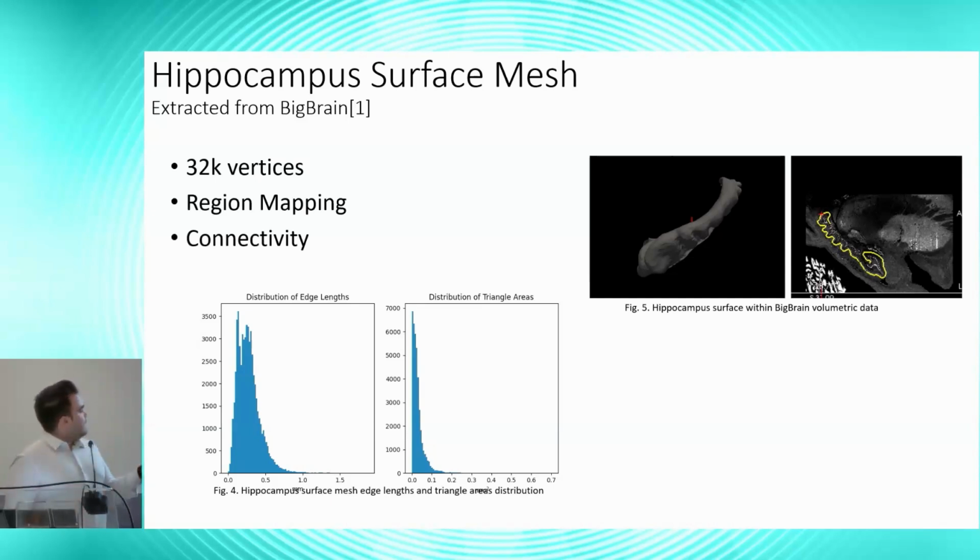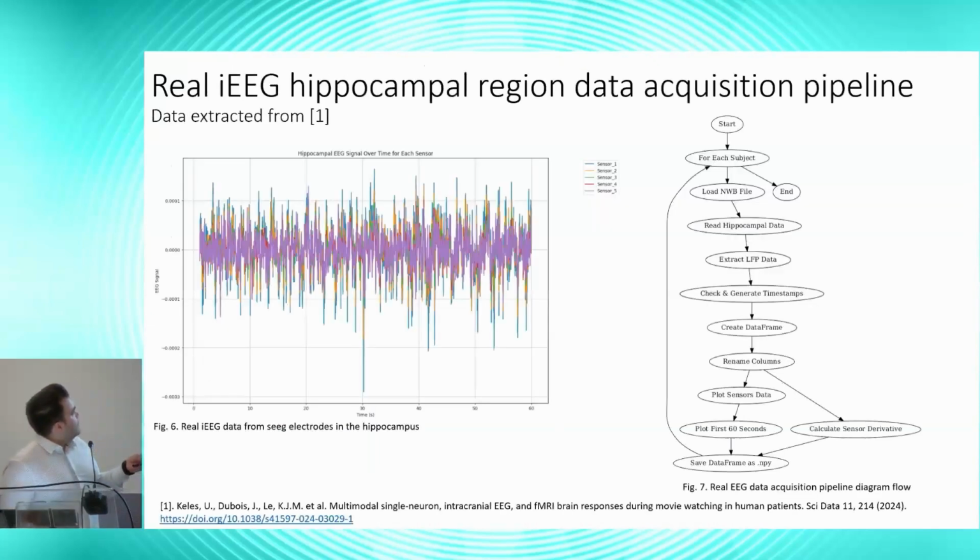And here we can see the distribution of the edges and triangle areas of the mesh. So the narrower the distribution for these simulations, the better. So we can see a narrow distribution there.